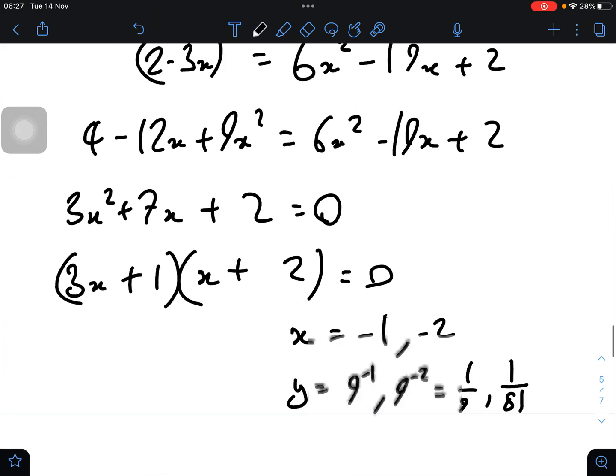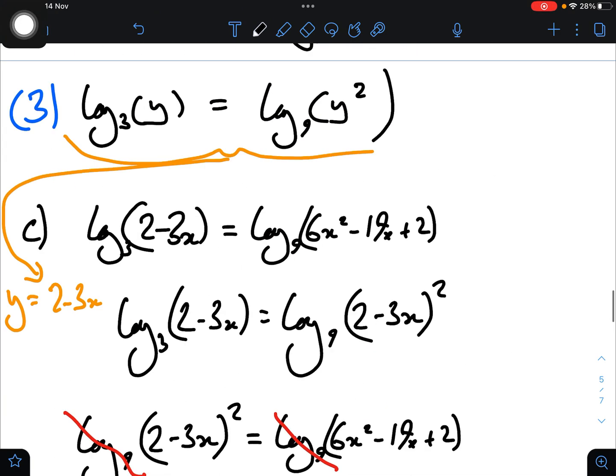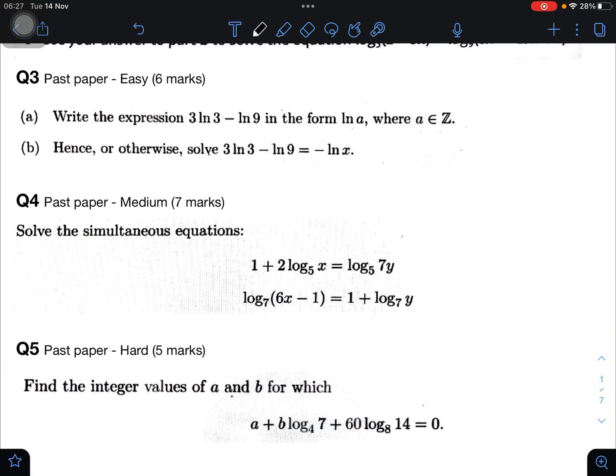Okay, question 3. Let's see what it's asking us. Write 3 ln 3 minus ln 9 in the form of ln of a.